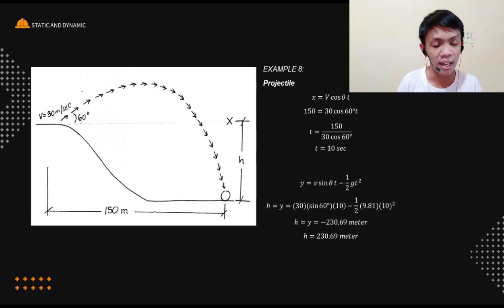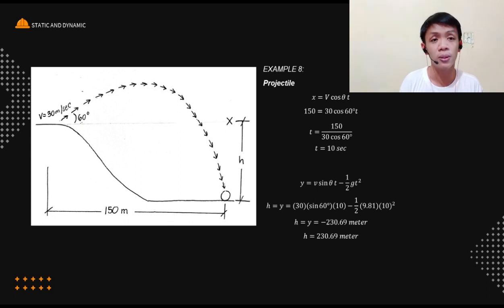Since we have the x, which is 150, and the initial velocity of 30 meters per second, we will multiply by cosine theta, where our angle is 60 degrees, multiplied by time. Since we will isolate time, t equals 150 over 30 multiplied by cosine 60 degrees. So our time is equivalent to 10 seconds.